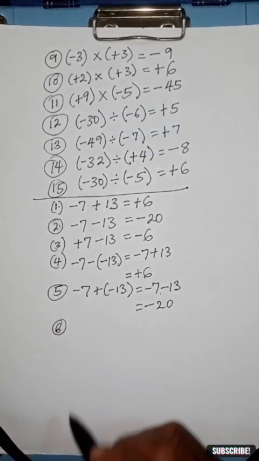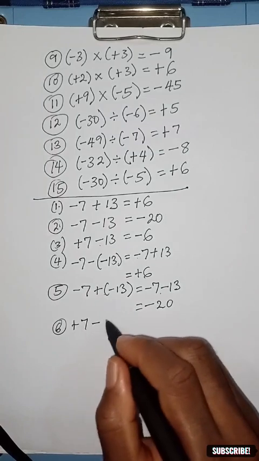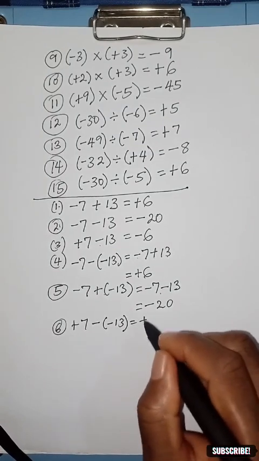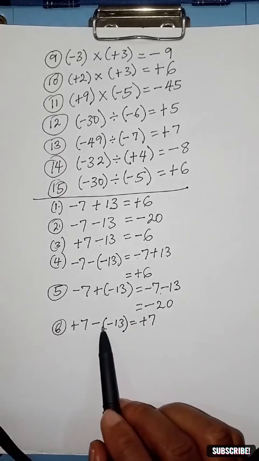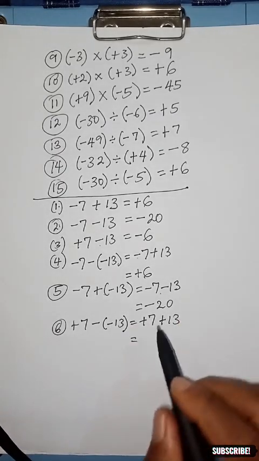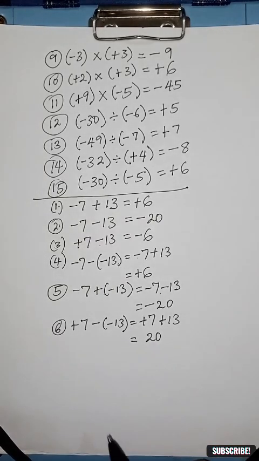Number 6, plus 7 minus 13. This will give you plus 7 minus times minus plus 13. So plus 7 plus 13, that's plus 20.